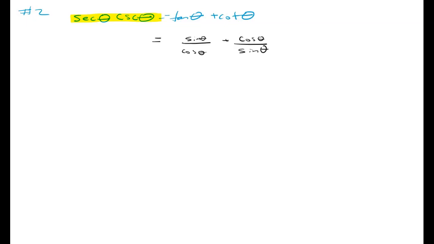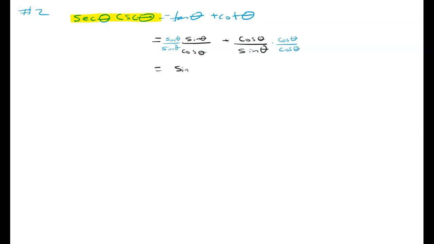I now notice that they're fractions. Fractions have to have common denominators. So this has a cosine, but it is missing a sine. So I can multiply top and bottom by the same factor, which gives us 1 essentially. And I could do the same thing over here. So what does that give me now?